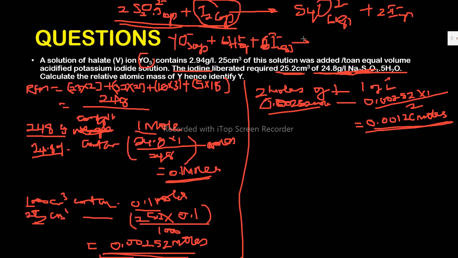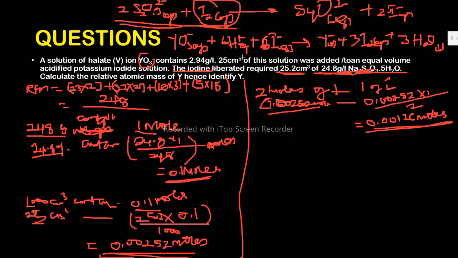From this equation we shall get our I minus aqueous, plus the 3 iodine, aqueous, and then plus our 3 water molecules. So that is the equation. I combined the other 2 half equations.